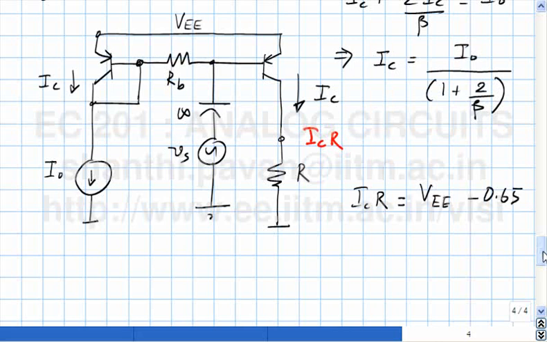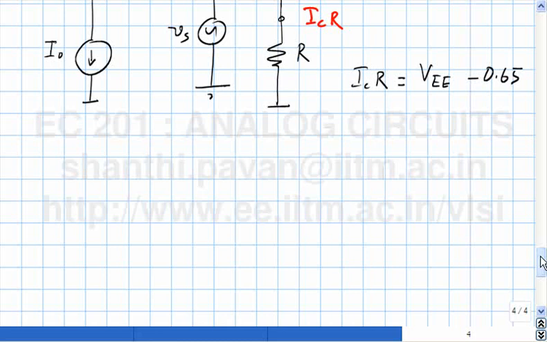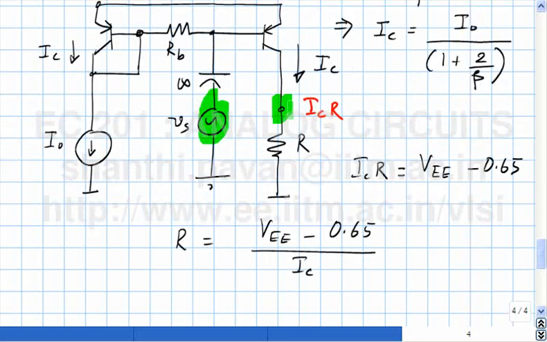So the limit for R, which will just place the second transistor at the edge of the active region, is given by R is VEE minus 0.65 divided by IC. So the gm must be IC by VT, correct? And whether it's an NPN transistor or a PNP transistor, the incremental equivalent circuit is the same.